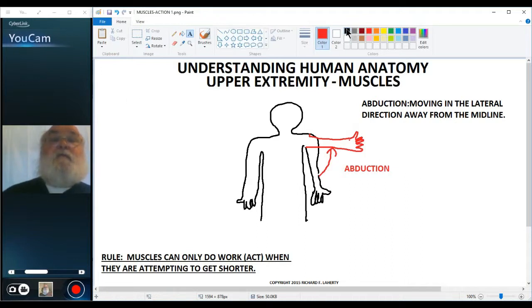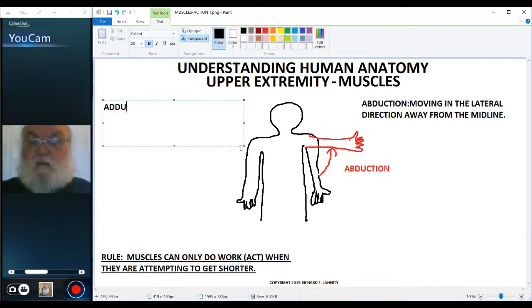Adduction is defined as moving in the lateral plane so that the limb is brought closer to the midline.